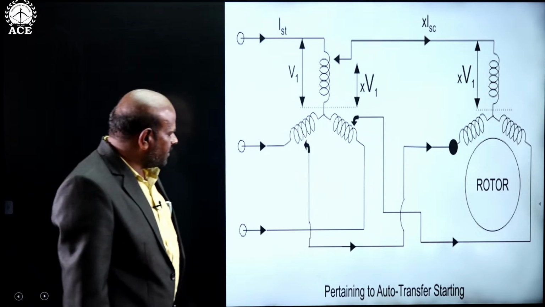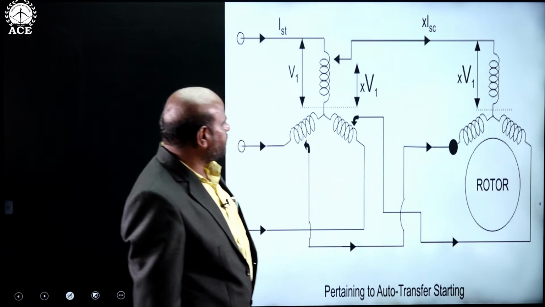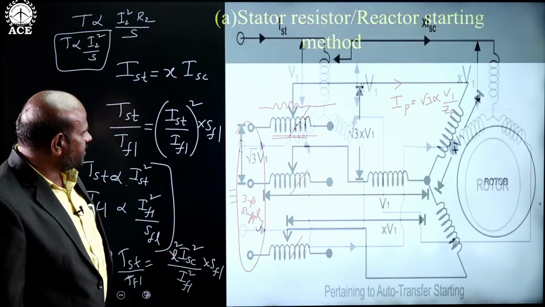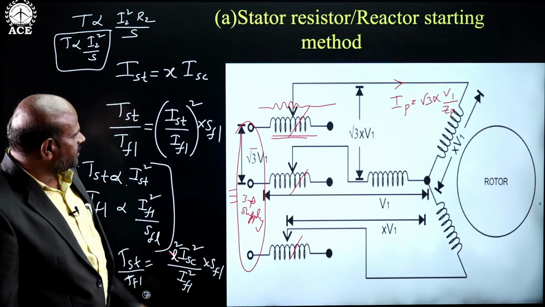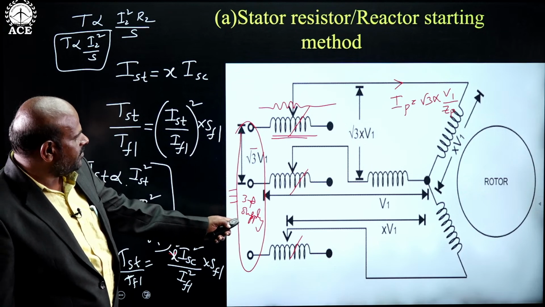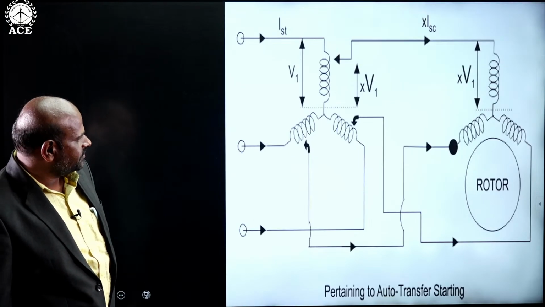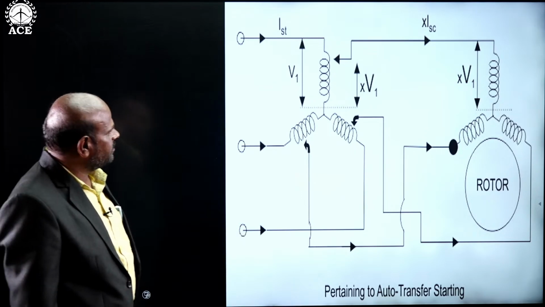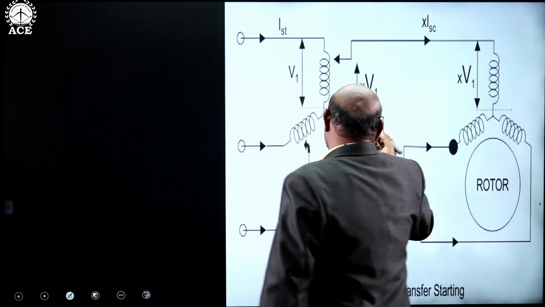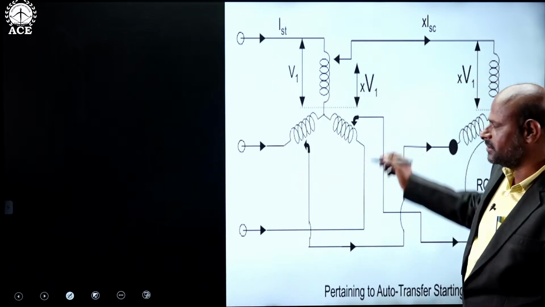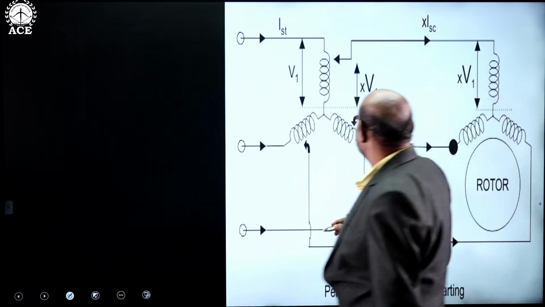Similarly, the next method is the auto transformer method. What is the difference between this method and the previous method? Here we are using a manual way of variable rheostat or resistors, whereas here this is an auto transformer. So the speed control is very smooth using the auto transformer method.